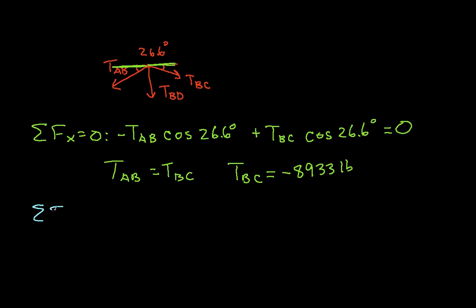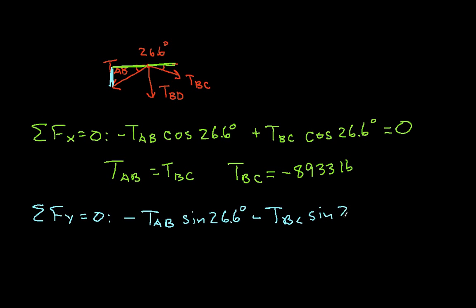Let's look at the sum of forces in the Y direction. That will be minus TAB sine 26.6 degrees. I'm now finding this component. Minus TBC sine 26.6 degrees. Finding this component. Minus TBD. Okay, and this is equal to 0.